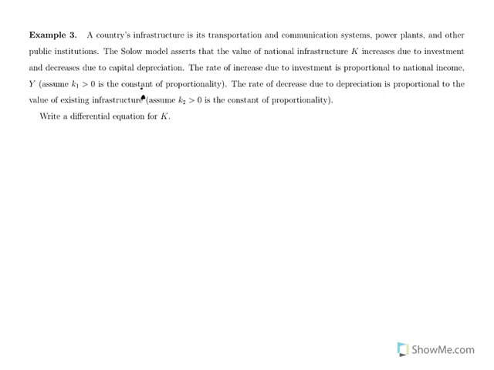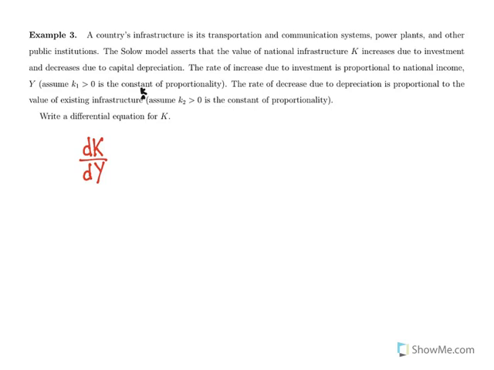That's going to be K. And we're going to assume K2 is greater than 0. So we're going to try to put all this together into a differential equation for K. We're going to be looking for the derivative of K with respect to, in this case, investment Y. That's our other variable that we are looking at here, Y.